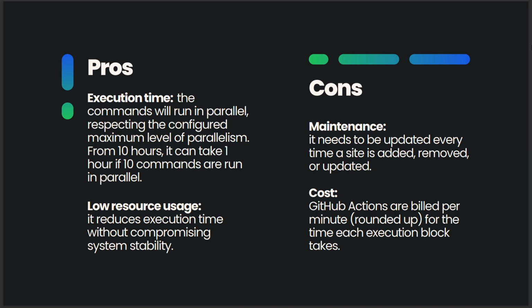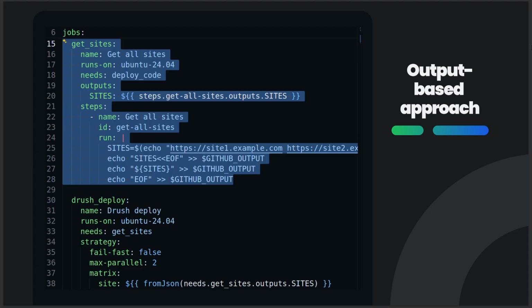And if you think about it, if you have all these multi-sites, they have to be stored somewhere. Somewhere there must be a list of all the sites. So why do you need to copy this list over to this workflow file? You have to find a way to create this on demand.